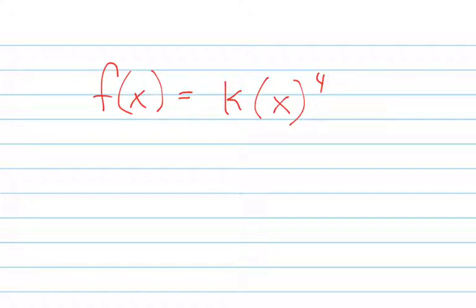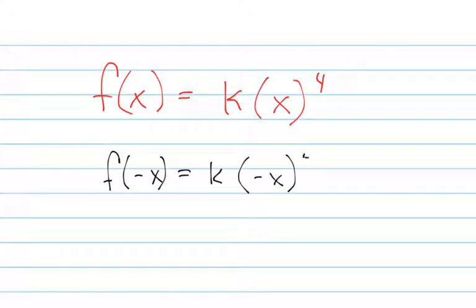Then f of negative x is equal to k times negative x to the 4th.